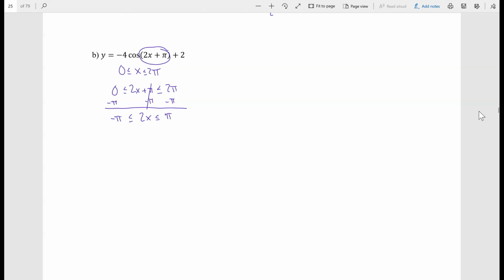Okay, so now you're going to divide by this 2. So x is going to be between negative pi over 2 and pi over 2. So here is negative pi over 2 and then pi over 2.